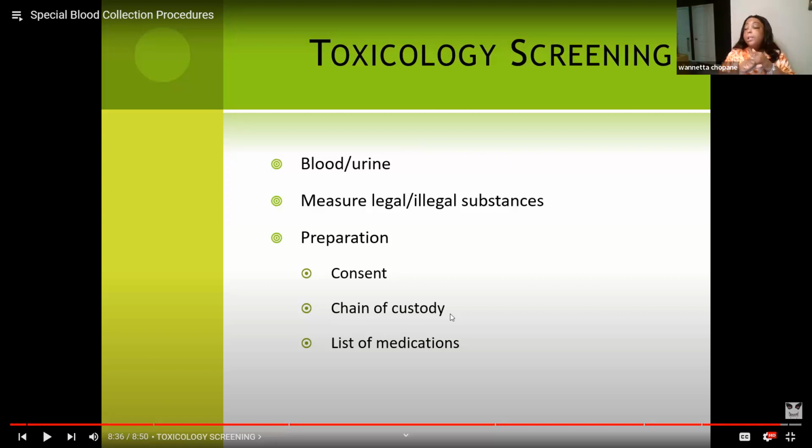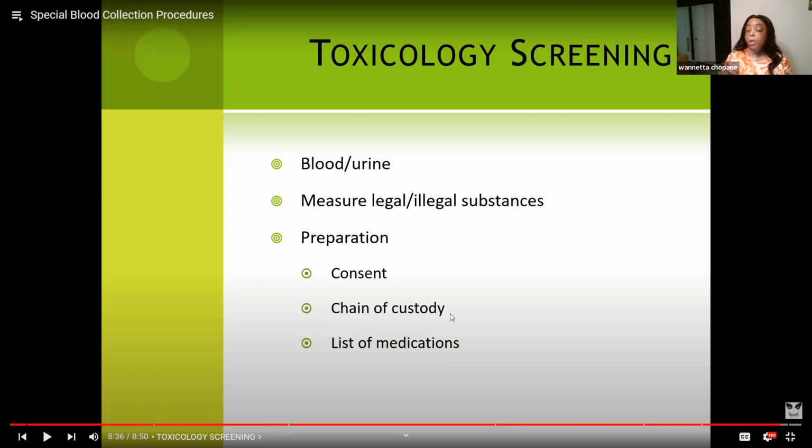It also talks about a list of medications, because on the chain of custody form you would actually have to write what other medications you could be tested for. You can only imagine that if you get into an accident and they slap a DWI on you, and you say, well, I haven't even taken anything, I don't know how this happened, you could really be on some prescribed medications that for whatever reason caused you to be under the influence of something, but it was prescribed by a doctor.